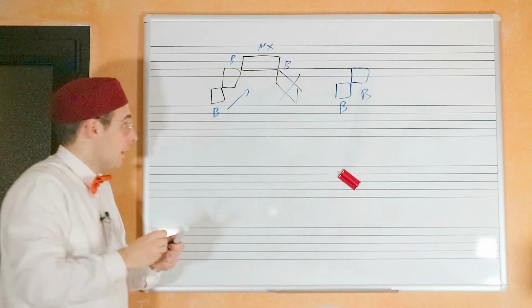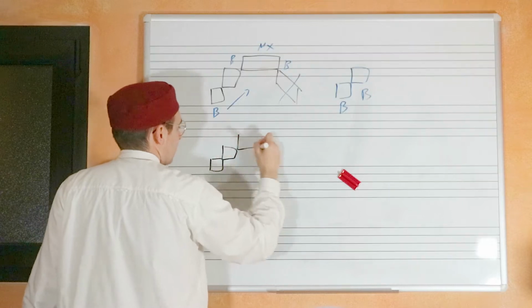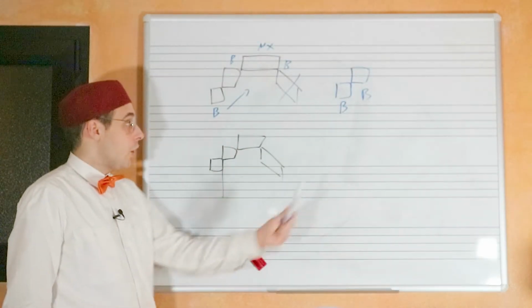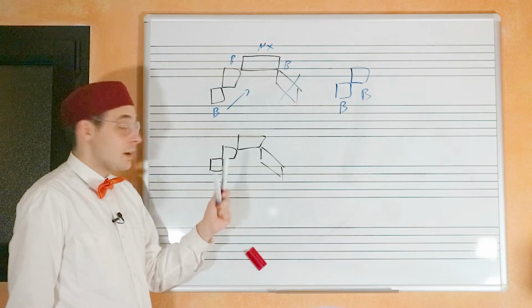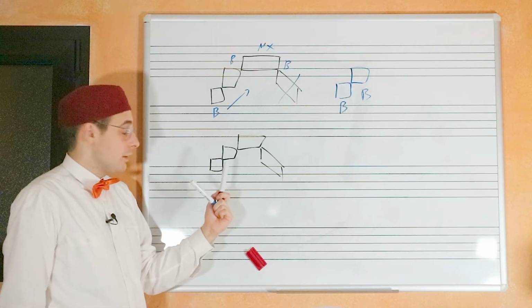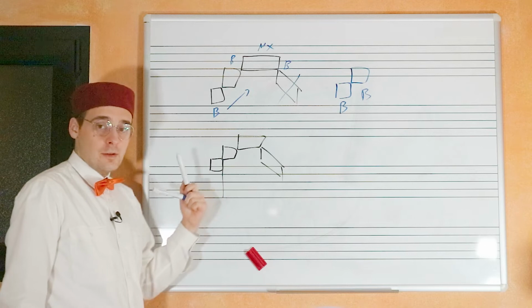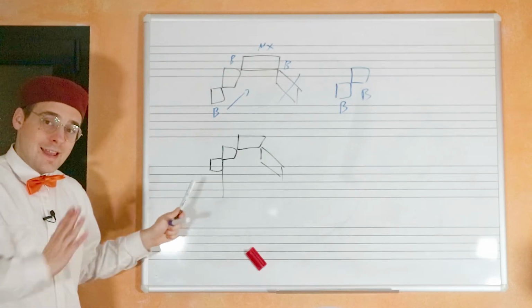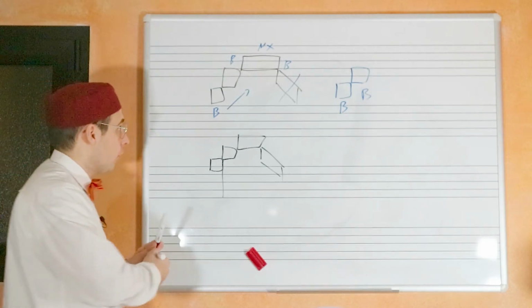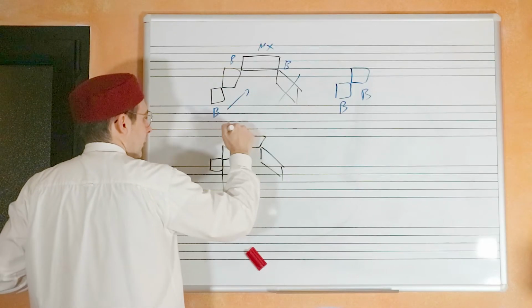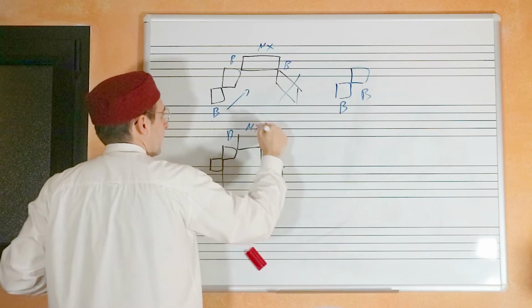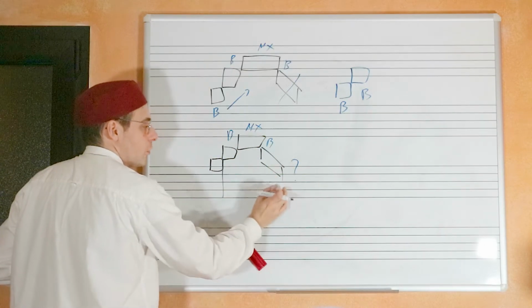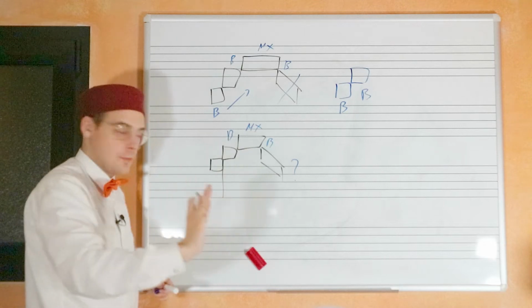Let's see another case. This is the same case as the previous, with only one difference: this pilum, this descending right pilum. So these other notes are the same: brevis, maxima, brevis, and we don't know which is the last note at the moment.